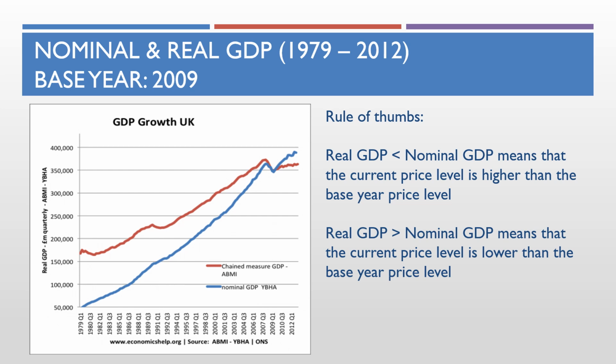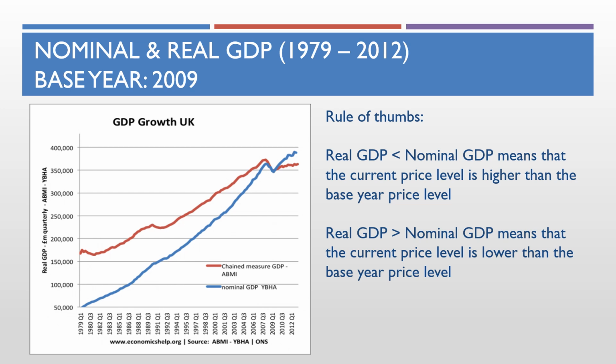The idea here is that when you see the real GDP is less than the nominal GDP, which is the period after 2009, it means the current price level in the economy is higher than the base year level. That is consistent here because after 2009, when inflation continued to raise the price level, prices should be increasing.